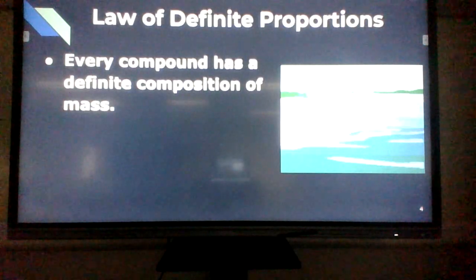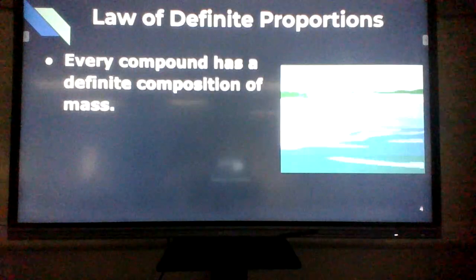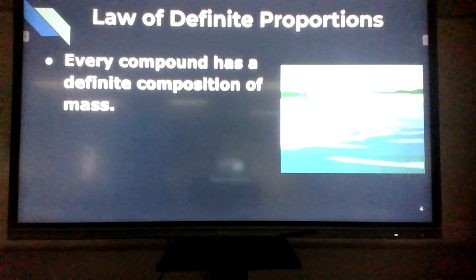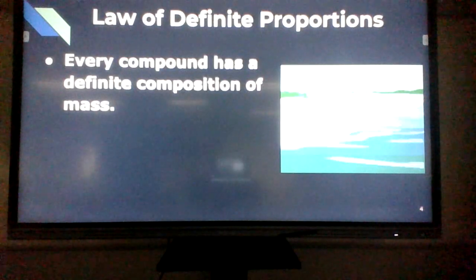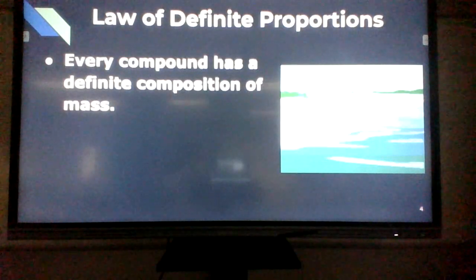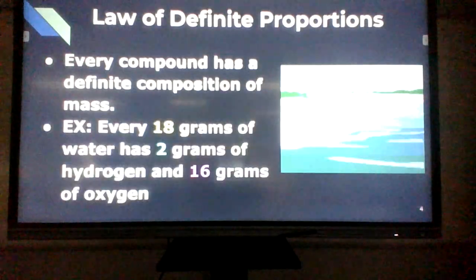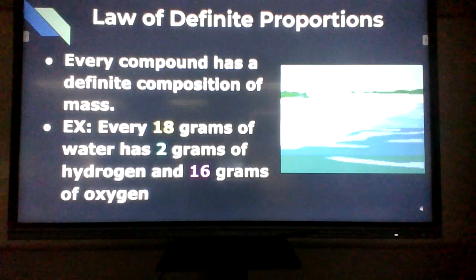Now, every compound has a definite composition of mass because every compound has a definite makeup put together exactly the same way every single time. And as we do more, especially a couple of chapters from now, when we talk about gram formula mass, that will become even more evident. Once again, though, every 18 grams of water has 2 grams of hydrogen and 16 grams of oxygen every single time.